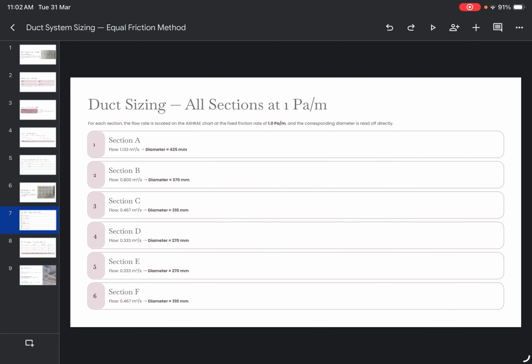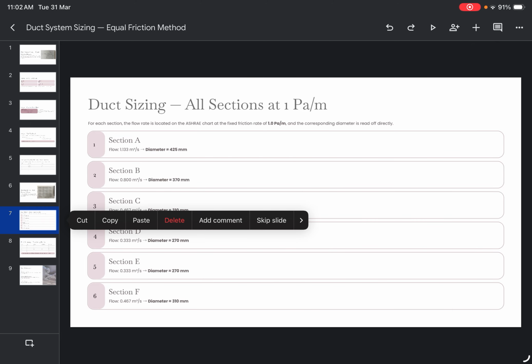So at section A, the Q is 1.133 meter cube per second. So directly from the friction chart, you start getting the diameters. Section B you get diameter 370 mm, section C you get 310 mm, section D you will get 270 mm, E 270 mm, and F 310 mm.